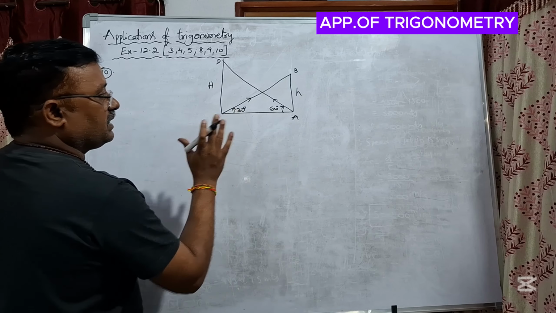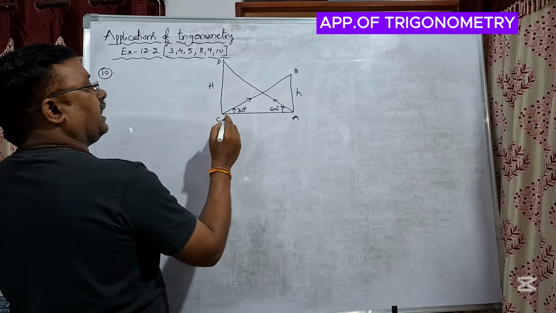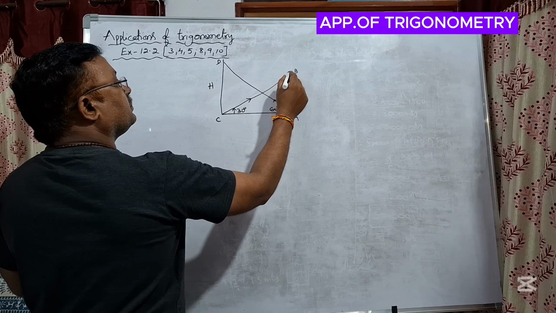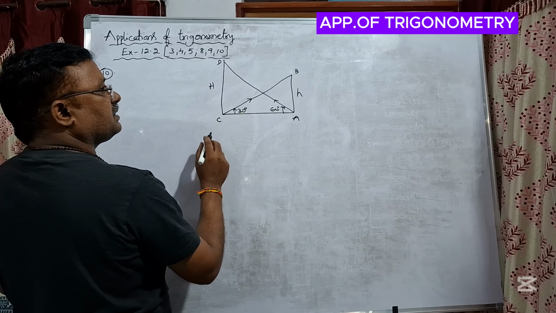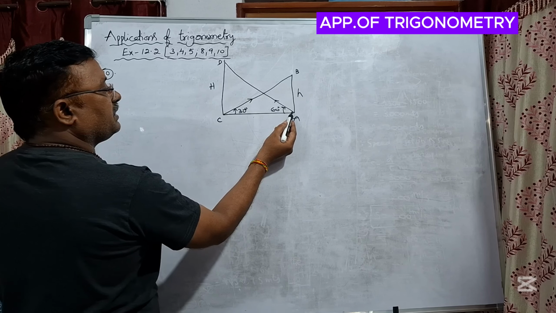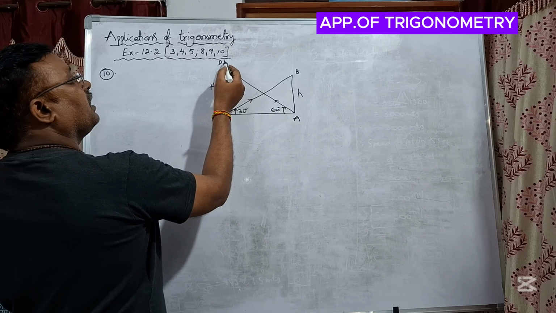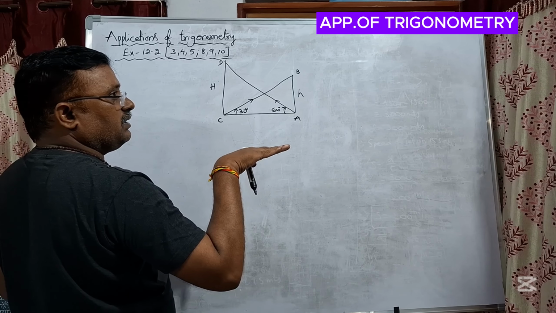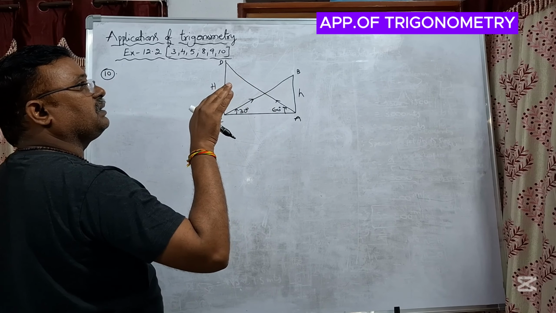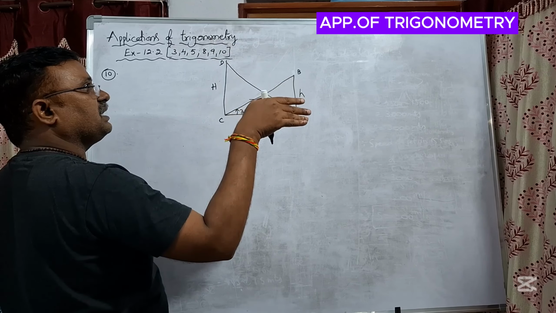If you observe this data, the angle of elevation to see the top of the tower is 30 degrees. Same, the angle of elevation from the ground to see the top of the building is 60 degrees. When the elevation is more, it means that the object is tall.